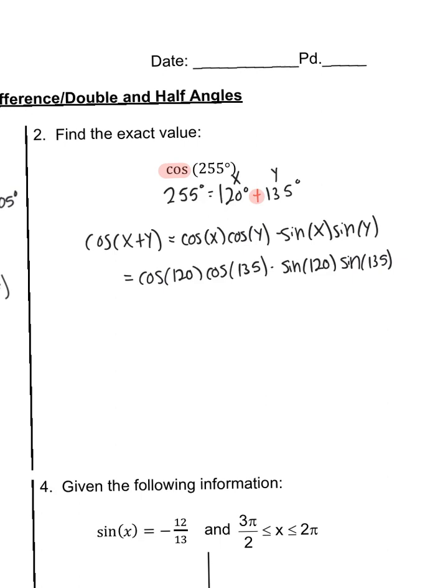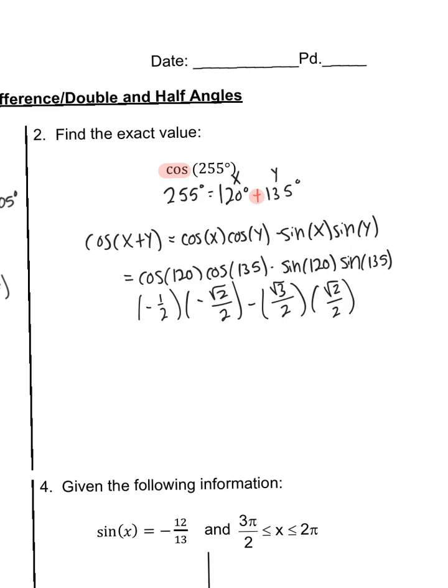So cosine of 120 is -1/2. Cosine of 135 is -√2/2. Sine of 120 is √3/2. And sine of 135 is √2/2.